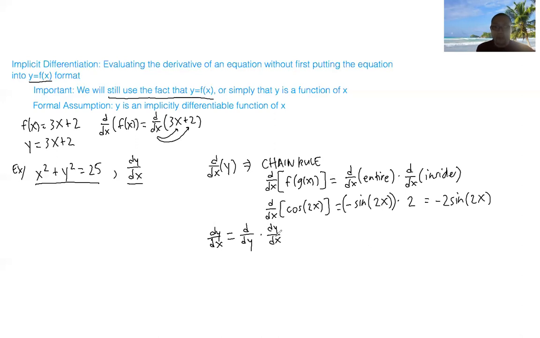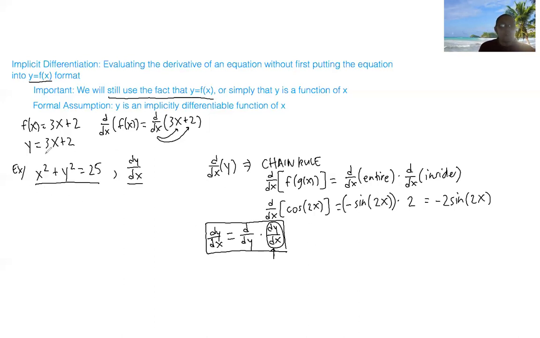And this is how we are actually going to solve for dy dx, using implicit differentiation. And we're going to go over that right now in this example. Okay? And so let's do that.